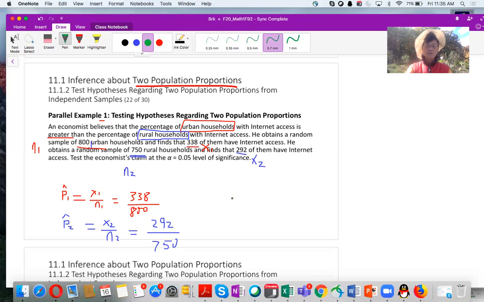You may also need the pooled proportion, p bar, maybe p hat.